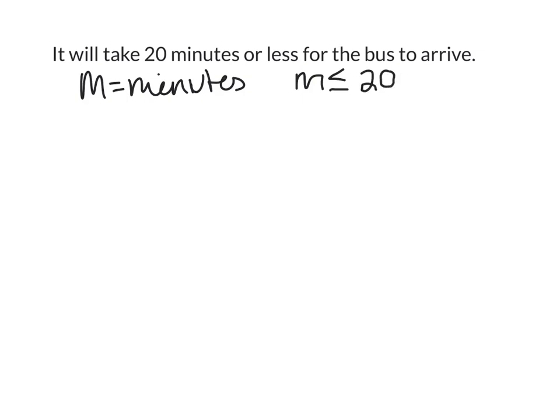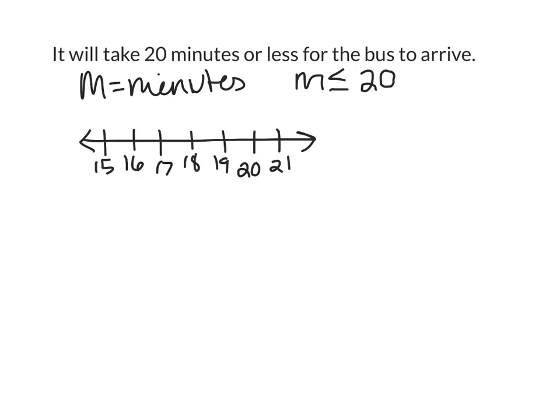And now we can also show that inequality on a number line. So we know it's 20 minutes or less. So I'm going to number my number line and make sure that 20 is on there.